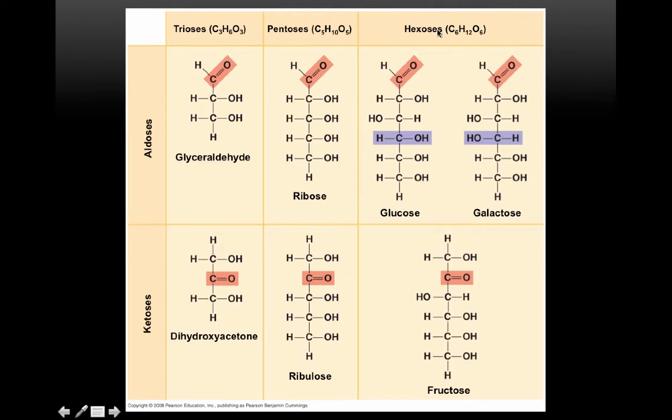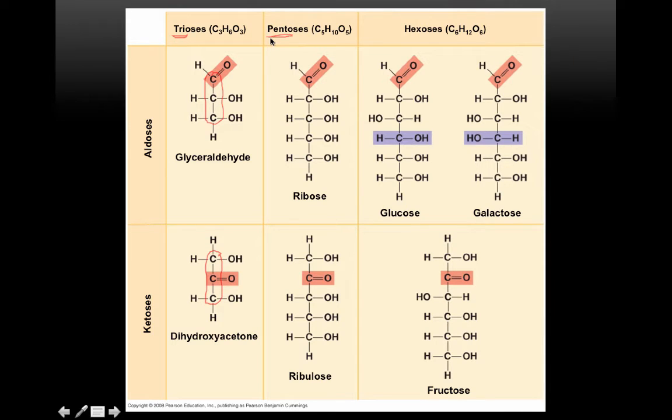On this figure, we have three names listed on the top: trioses, pentoses, and hexoses. These names are in reference to the number of carbons that make up each monosaccharide. So trioses have the prefix tri, so there must be 3 carbons found in each triose.